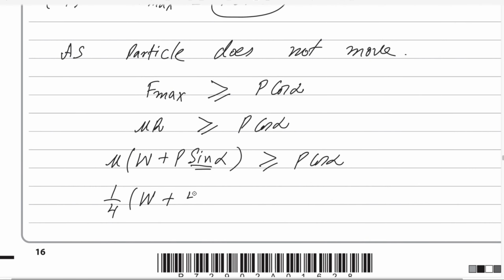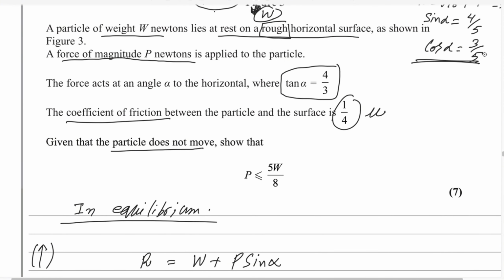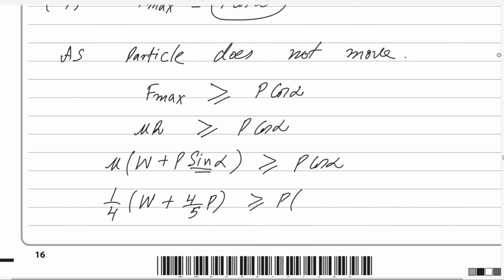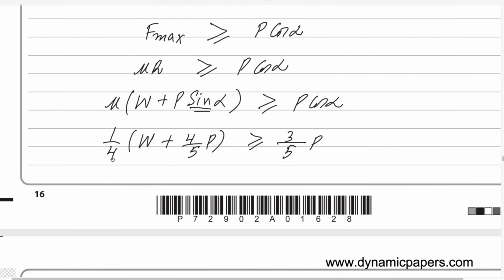So we can write here 4/5 P, greater or equal to P cosine alpha. Cosine alpha we got, that is 3/5. Use this value here. So you can write 3/5 P. To get rid of this fraction, just multiply by 4.